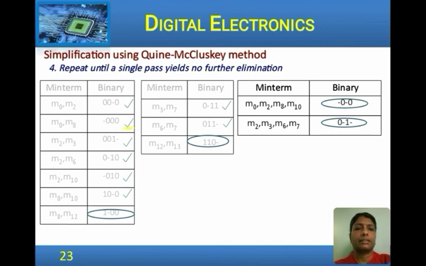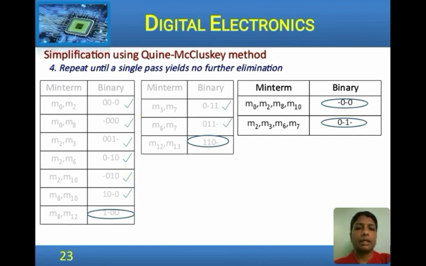Consider the next binary number, dash 0 0 0. M2, M10 also has dash 0 1 0, and if we club both, we will get dash 0 dash 0, which is the combination of 0, 8, 2, 10, the same combination that you have already got. So, no need to repeat it again, just tick mark the two combinations.